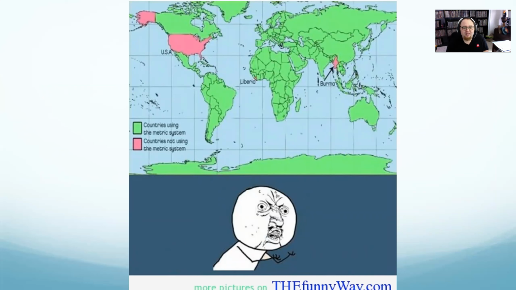When I put this together at the time, only 3 countries did not use metric: America, Liberia, and Burma. I think Liberia might use metric now; I need to check this. The world uses metric, and America would like to be part of the world. So it would be better if we just use the same. It's easier, it makes the math nicer. We're only not doing it because we're too lazy to change.